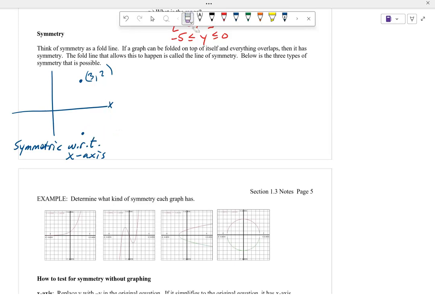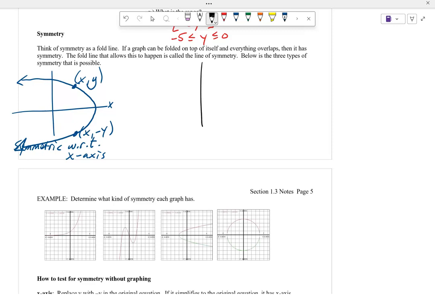So let me give you an example of a large graph that's symmetric with respect to the x-axis. It would be like this. Every xy has an accompanying x -y. So that means you're symmetric with respect to the x-axis. And the way that you test that is you replace y with -y, and you see if you get the same thing. Okay? So that's symmetric with respect to the x-axis.